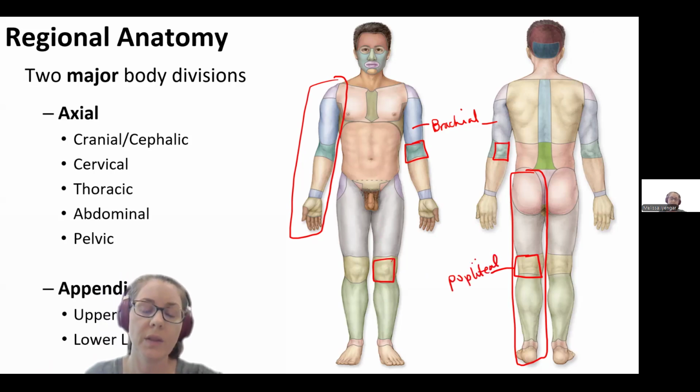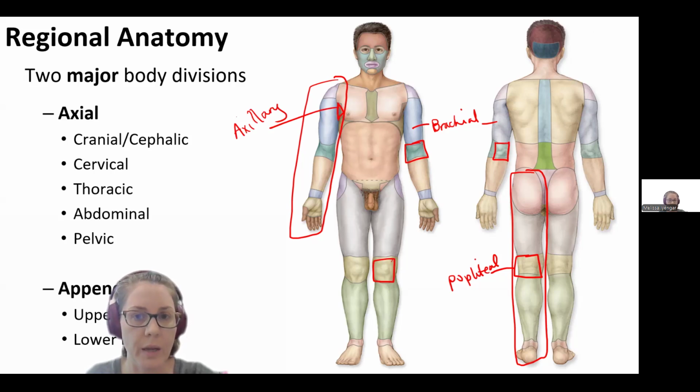So even if you think that these aren't going to be useful for you this semester, they will be useful in the next semester once you start learning blood vessel names. I mean, even this little armpit area, which is called axillary, is where a blood vessel runs. It's called the axillary artery and vein.